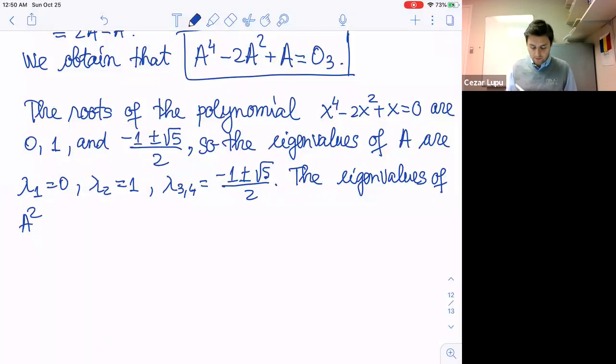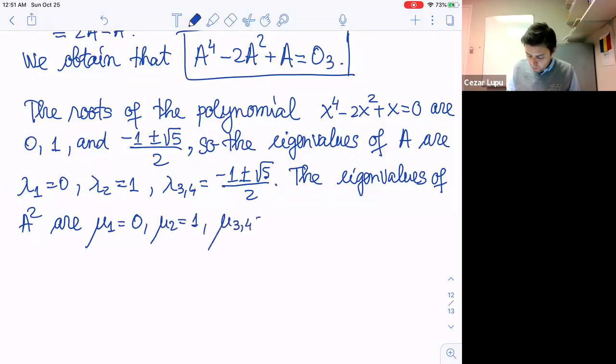So nu 1 is 0, nu 2 is 1, and nu 3, 4 will be 1 plus minus square root of 2, square root of 5 over 2. Okay, so these are the eigenvalues.